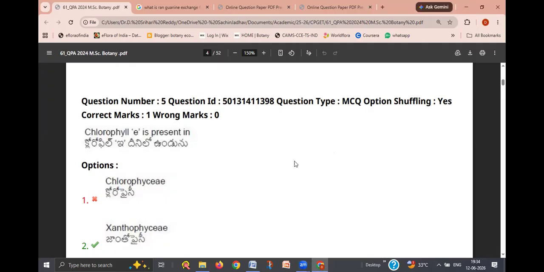Just like, what is the metal ion present in RBC? Iron. It is not related to botany. But what is the metal ion present in chlorophyll? That is magnesium. And what is the difference between chlorophyll A and chlorophyll B? Chlorophyll A has a methyl functional group. Instead of methyl, in chlorophyll B there is a CHO, aldehyde group. So like that, you have to remember all these chlorophyll structures.